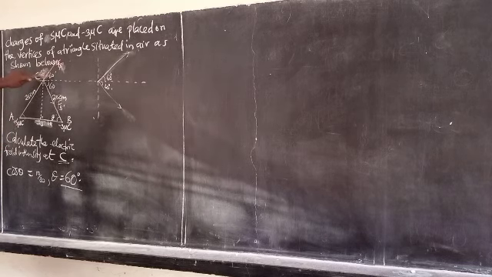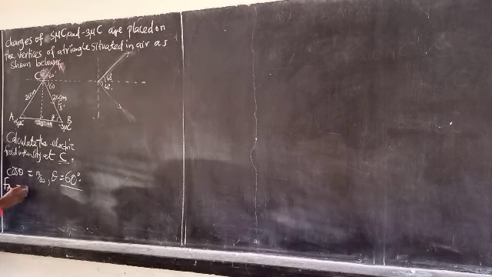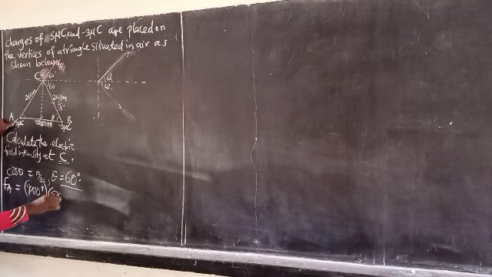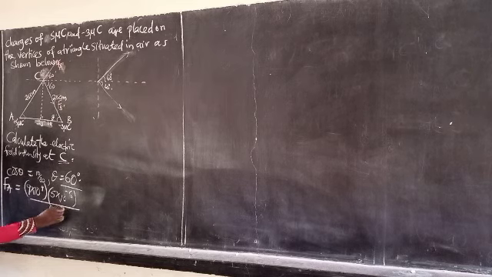So which is now this one, F due to A. Remember our formula, 9 exponent 9, then the charge at A is 5 exponent negative 6, over the distance of separation, which is 20, so that is 0.2 squared.